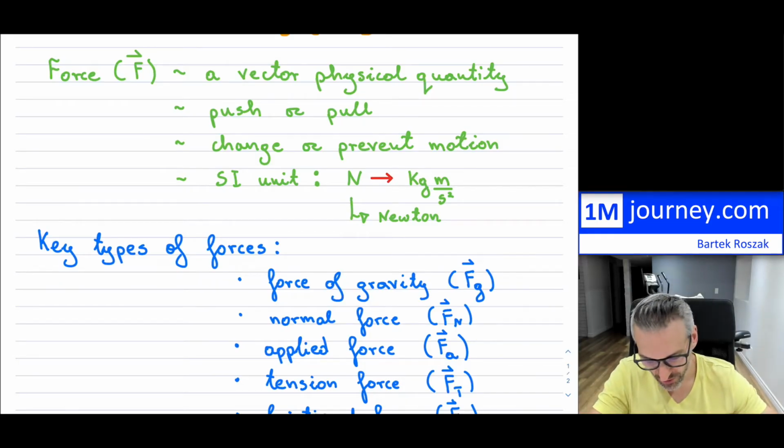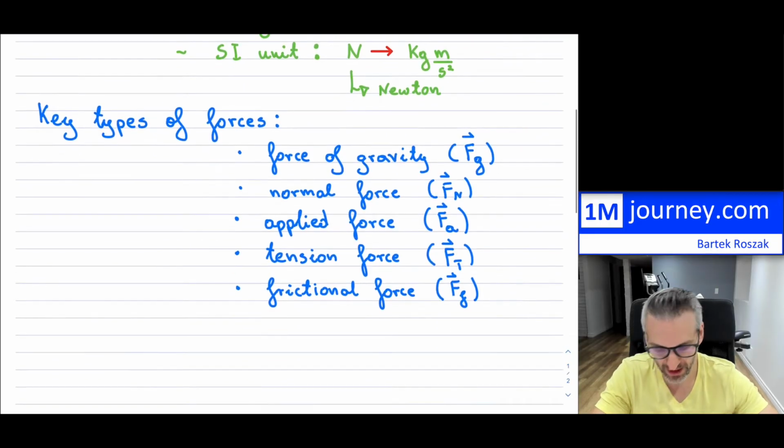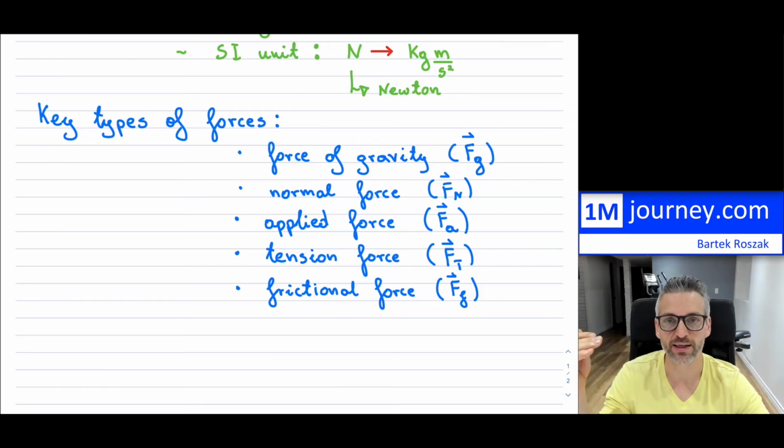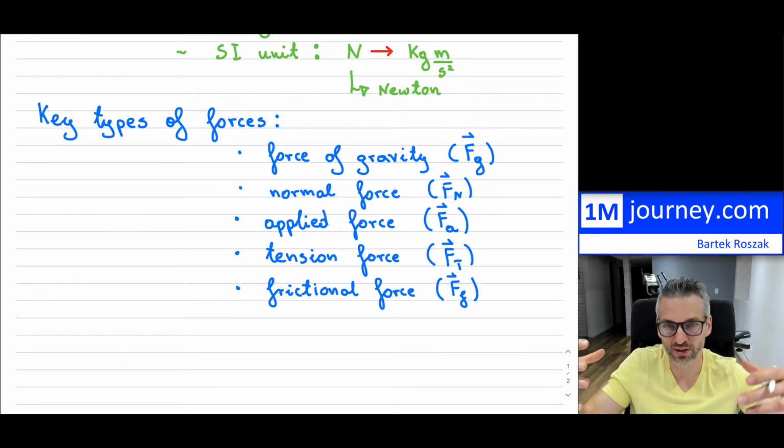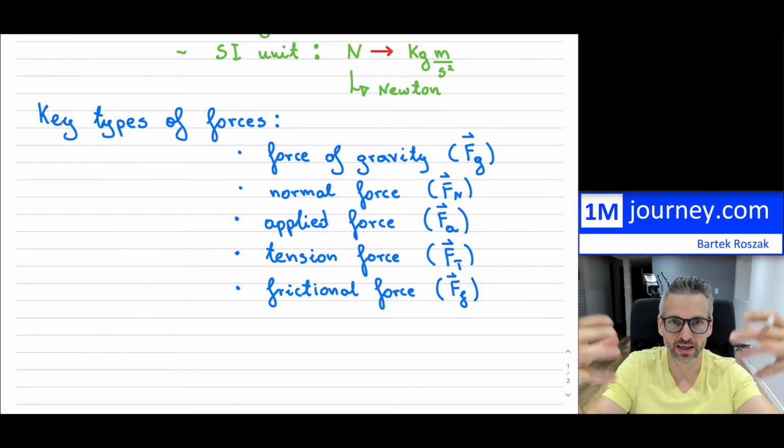So now, there are several key types of forces that you should be aware of, and I want you to watch out for them as you're doing these things and studying them. So here are just a few. These are not all the different forces, but typically on the introductory side, these are the ones that you will run into. So there's a force of gravity, right? That one will make a little bit of sense to you because you've already talked about in kinematics the acceleration due to gravity. So gravity, the Earth is actually pulling us in some way.